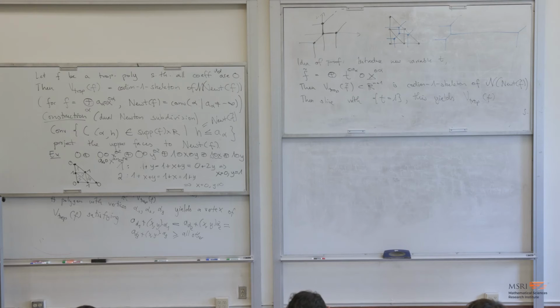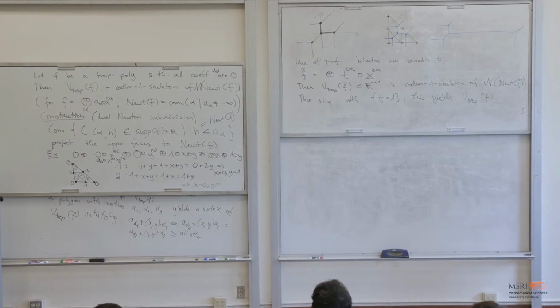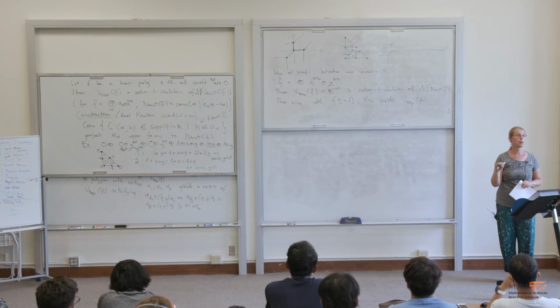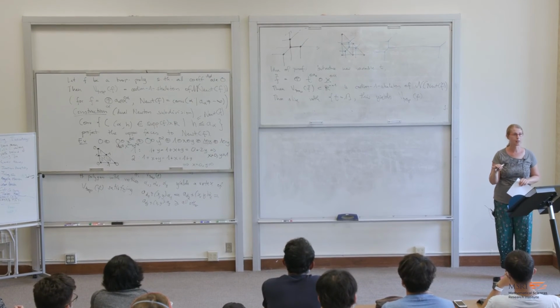However, it actually turns out that viewing our tropical curves merely as subsets of R to the 2 is not quite sufficient. We want to have some more structure, and the structure is given by duality. So one task you could also do later is to find two different tropical polynomials that have different dual Newton subdivisions, but that define the same tropical plane curves as sets, right?